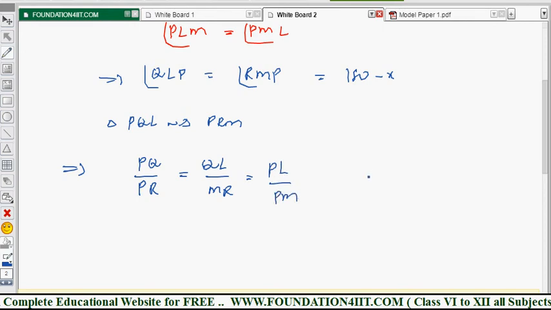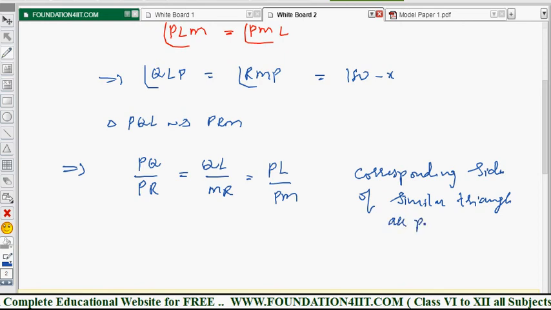So the corresponding sides of similar triangles are proportional. You can apply this rule here; corresponding sides have the same ratio.